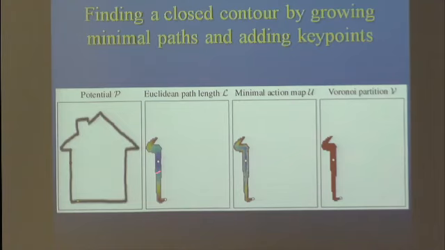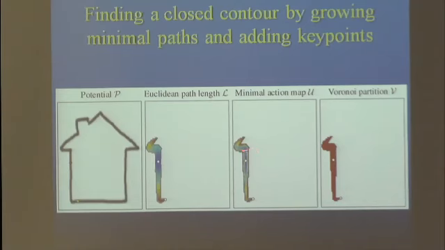And at the same time you compute the Euclidean length of the minimal path. So it means that for each point on the front here, if you compute the minimal path, here you'll have a long minimal path, here you have a short minimal path. So here you have a Euclidean length that is small, here it is large. So the fact is that if you divide this energy by the length, you will get the average value of the potential along the path, and the smaller it is, the better.